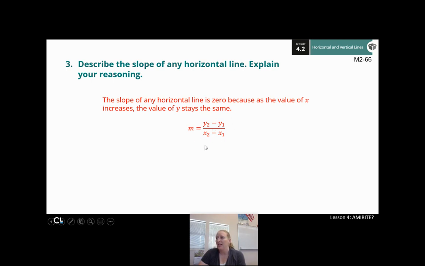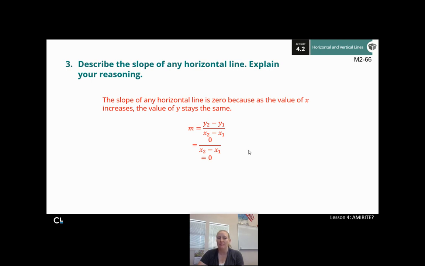It doesn't matter how much the x changes. There's no difference in my y values, right? We just said the y values aren't changing. So that means it would be 0 on top. And 0 divided by anything is 0.